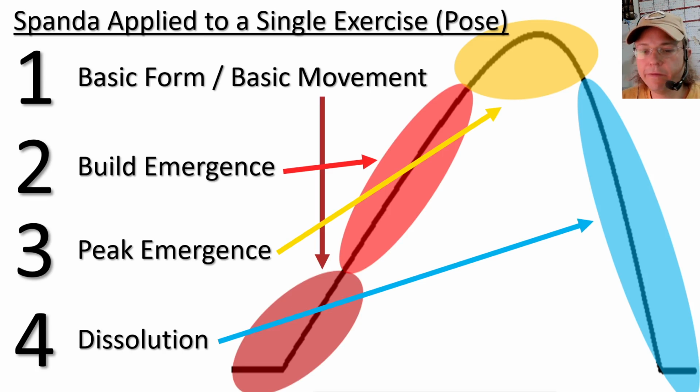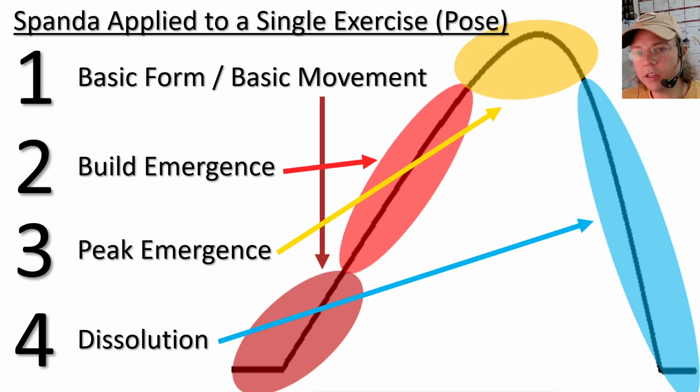We have these same 4 parts, and the 4 parts are, one, that we are getting into the basic form or setting the basic movement in the case of something like cow-cat. That essentially puts us on our trajectory. Then we are building emergence. We are building those factors in the cow-cat that help something more than the sum of the parts happen. We have an apex of that, and then a dissolution.